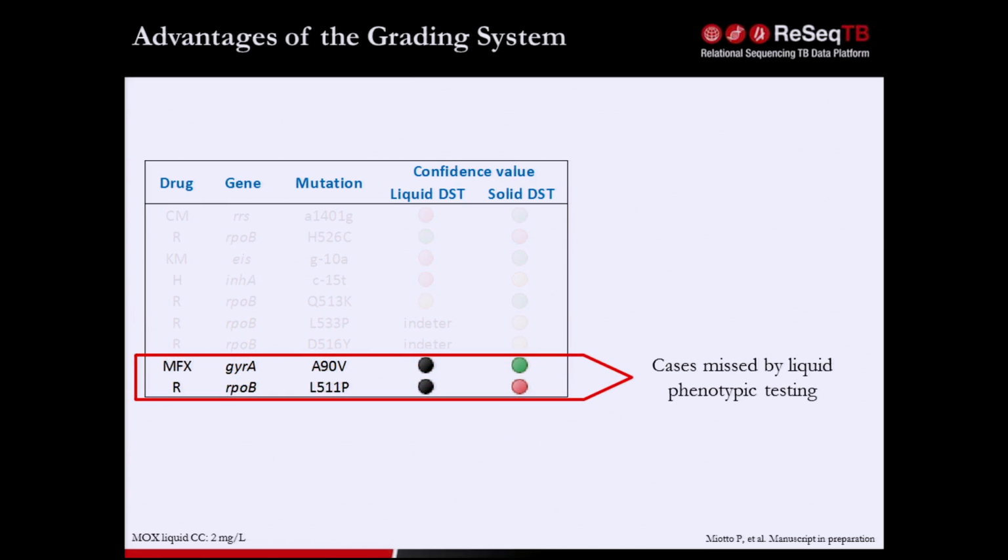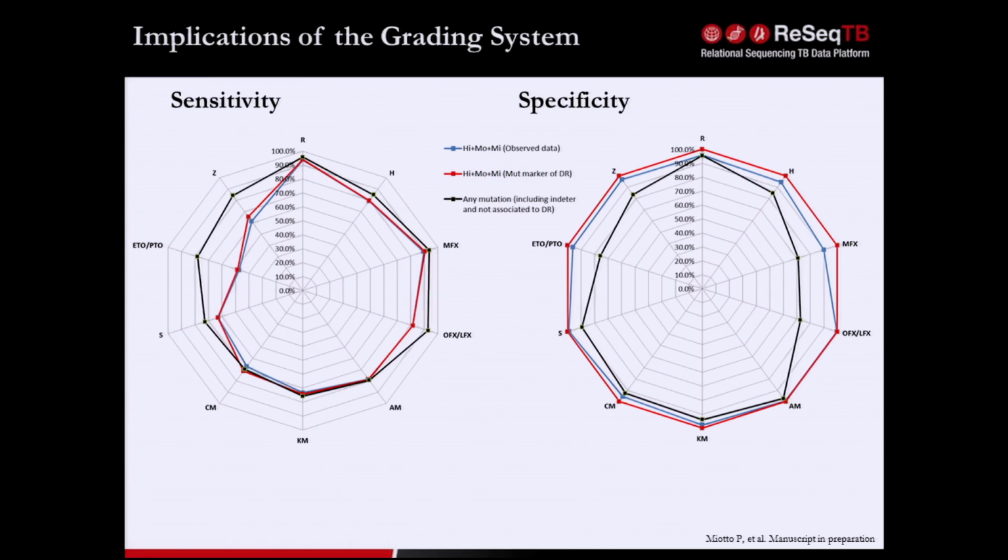And we also can easily solve the problem of mutations that are consistently missed by one of the two testing methods due to the critical concentration used for the phenotypic DST. What are the implications of this? So here I'm reporting the sensitivity and the specificity of 3 different approaches.